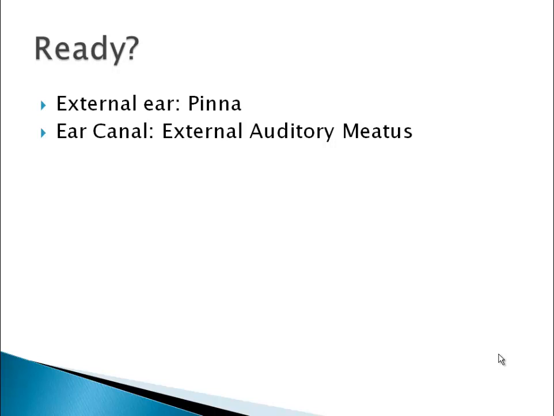Because it is quite possible that by using a Q-tip to try to remove wax, you will actually succeed in shoving it further down into the ear canal, where it can become impacted and can affect your hearing. The best way to deal with wax is either to go to a professional or to use some sort of heavy-duty peroxide solution like the type that you buy in the little bottles with the large rubber bulbs, and use that large rubber bulb then to rinse out your ear after the wax has been loosened by the peroxide solution.